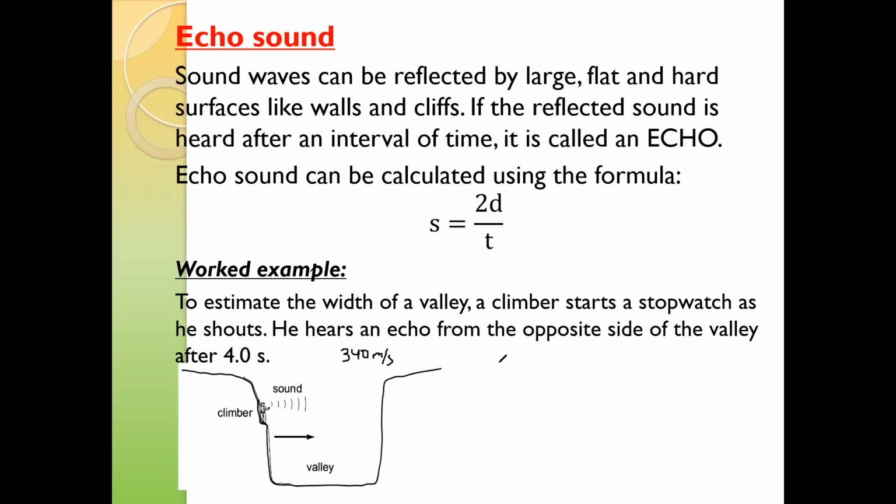It's a reflection. So speed is equal to 2d divided by t. So you need this distance. So it will be speed multiplied by time divided by 2.